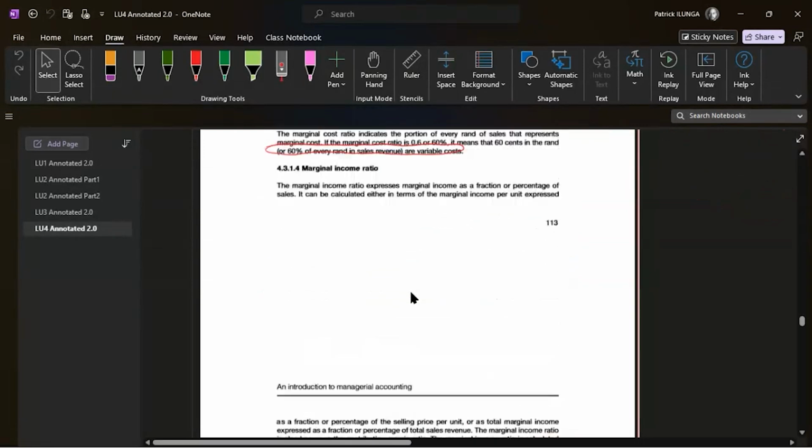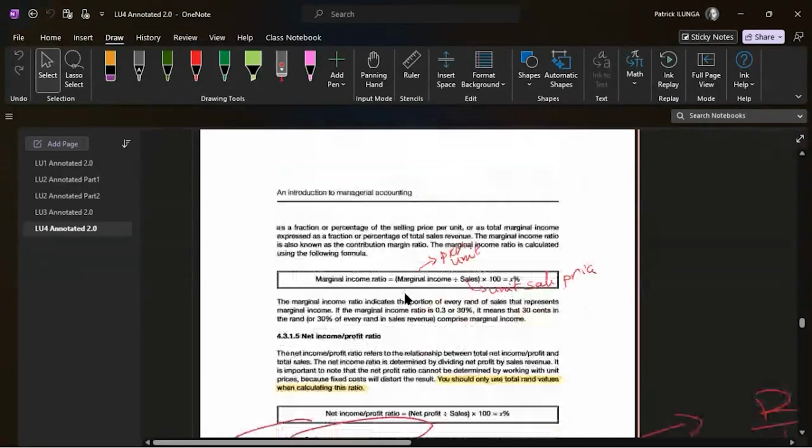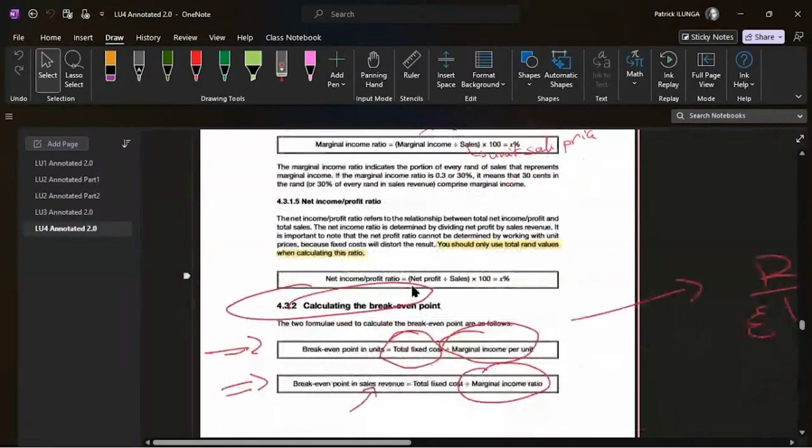All right, so the marginal income ratio, like we said, we do the same thing. We take the marginal income, we divide by sales, we multiply by 100, right? So why are we doing these calculations? It's very important because we come to the break even. So how do you find the break even? Remember we said, how many units do I need to sell for me to recover, or for me to cover the cost?